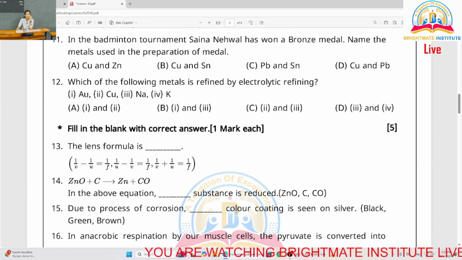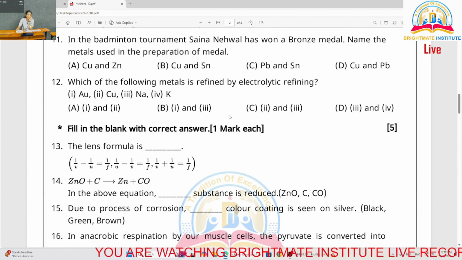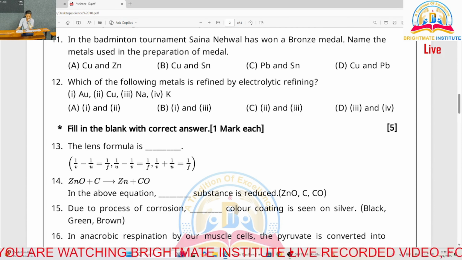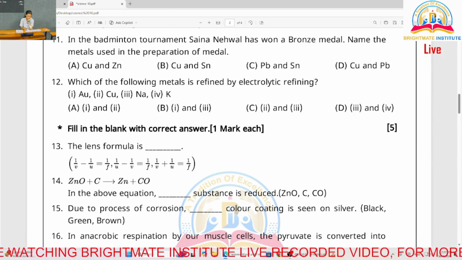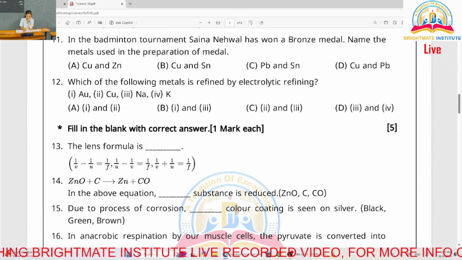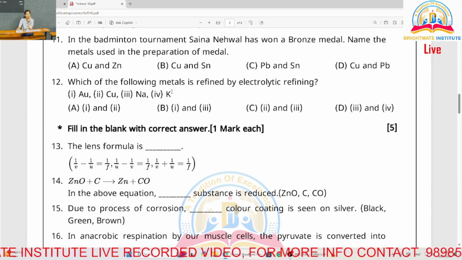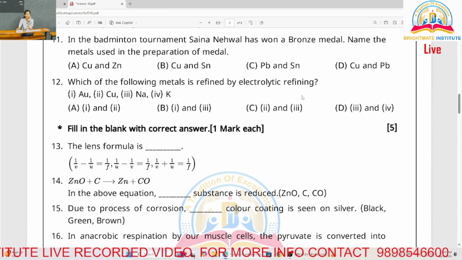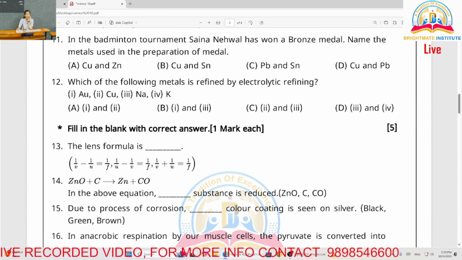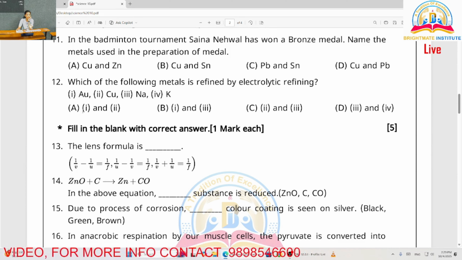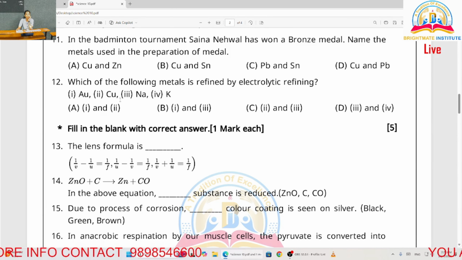12th one: which of the following metals is refined by electrolytic refining? Electrolytic refining is what we have studied in chapter number 3. Au and Cu, that is 1 and 2, both are refined by electrolytic refining.